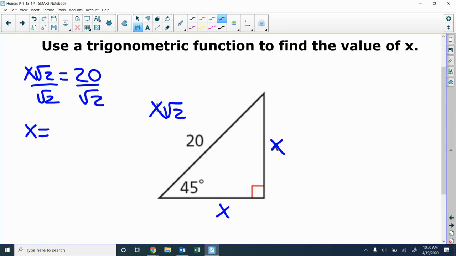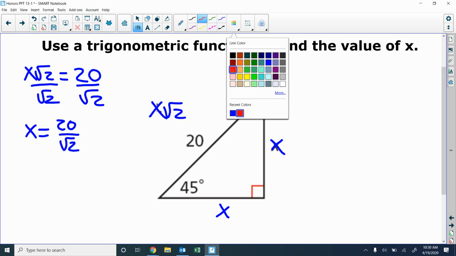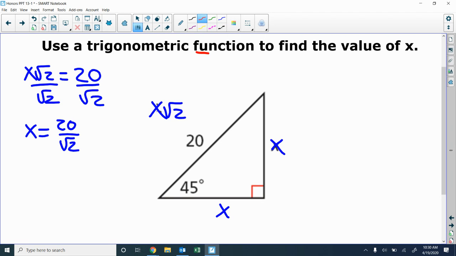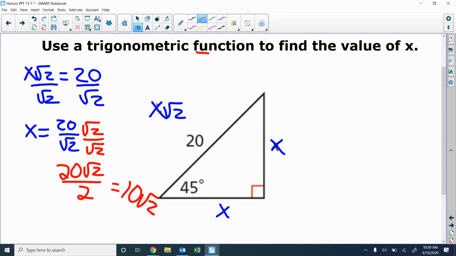And we're going to have x is equal to 20 over the square root of 2. Now that is the correct answer, but we do need to rationalize. So we're going to multiply by the square root of 2 over 2. And now we're going to have 20 square roots of 2 over the square root of 4, which is 2. We can simplify 20 and 2 to 10 square roots of 2.